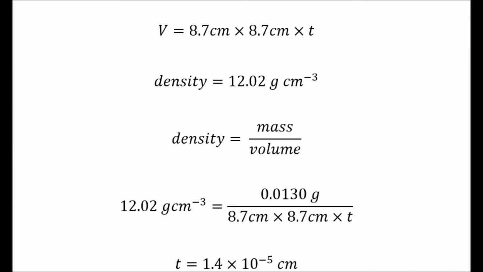Very, very thin. You can carry this further and do another problem: how many atoms thick is this palladium foil? And we might tackle that in a future YouTube video.